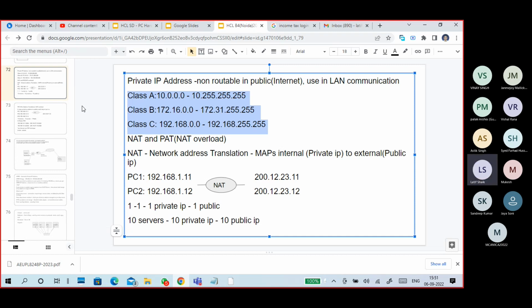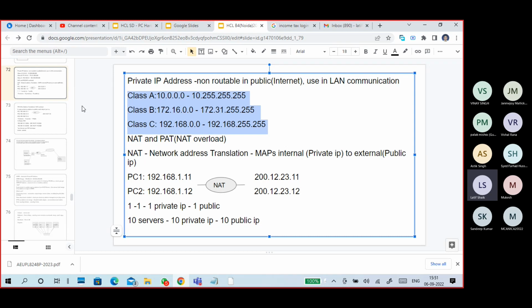So it is translated into 200.12.23.12 and sent. When it is received at 200.12.23.12, it is translated again into 192.168.1.12. So it is one private, one public, one inside, one outside. For example, if you have 10 private IP addresses, 10 servers, you need 10 public IP addresses, compulsory.